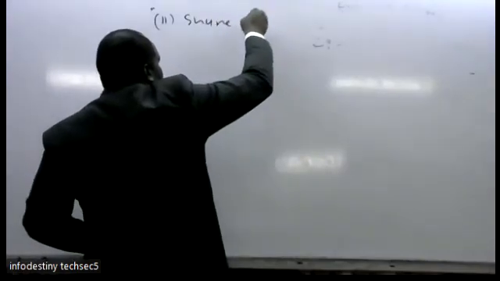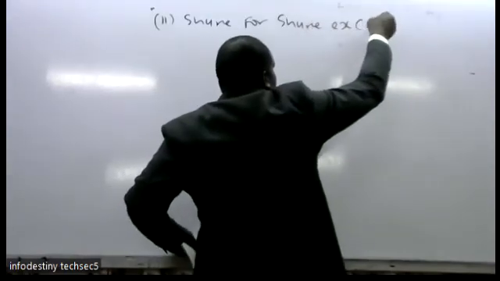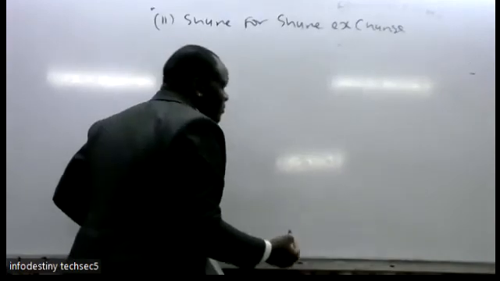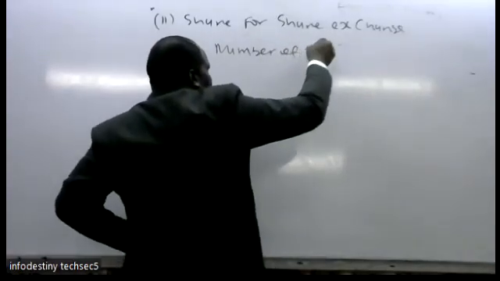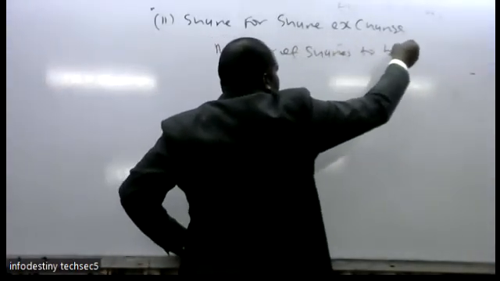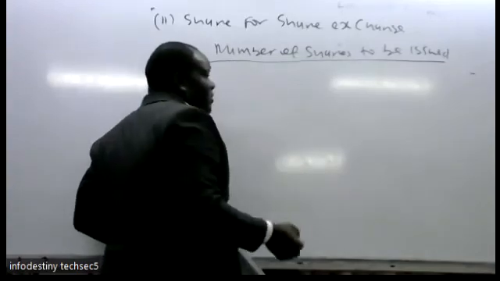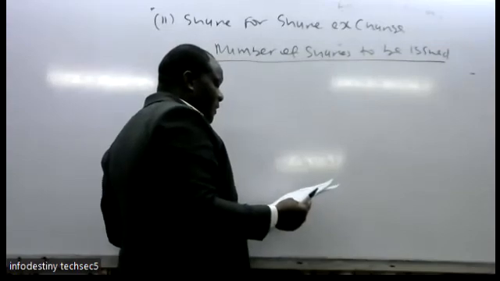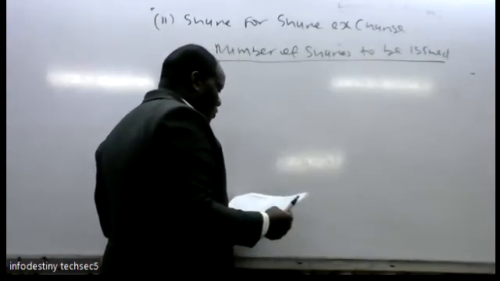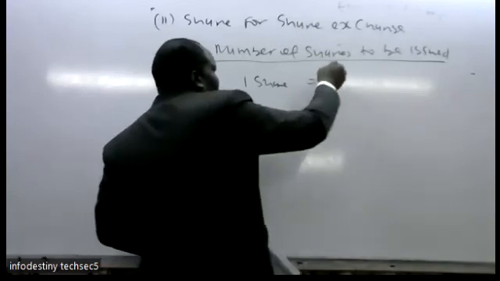So we simply start by looking for the number of shares to be issued. In the paragraph before the financial data, you can see the exchange ratio: 1 share is equivalent to 6 shares.